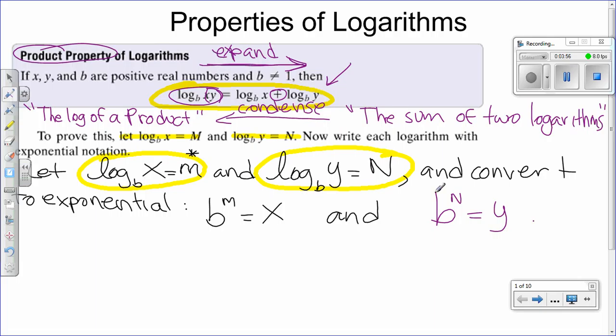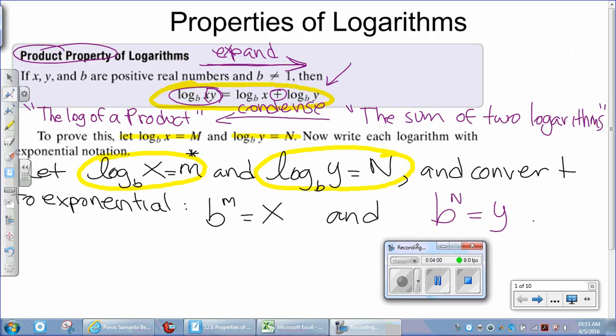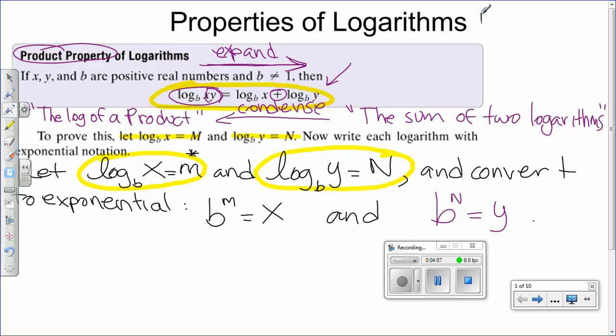Now, since we're trying to prove the product rule, let's refresh our mind with what happens when you are multiplying two letters that are the same. What do you do with the exponents? You add them. Very good.